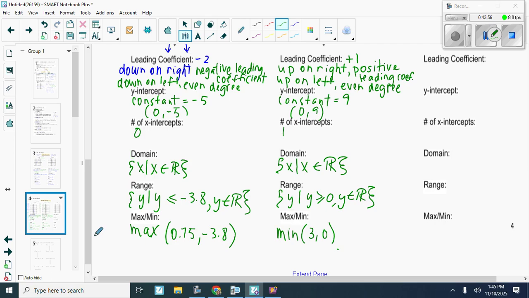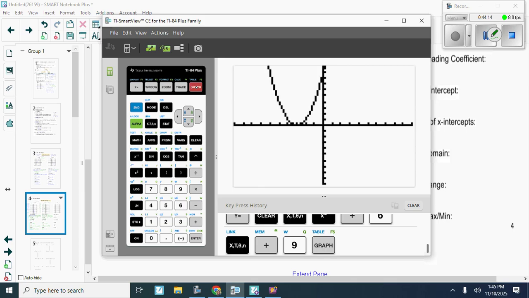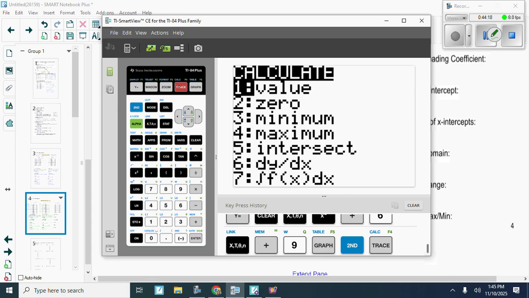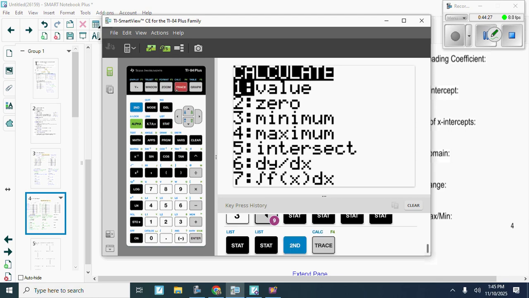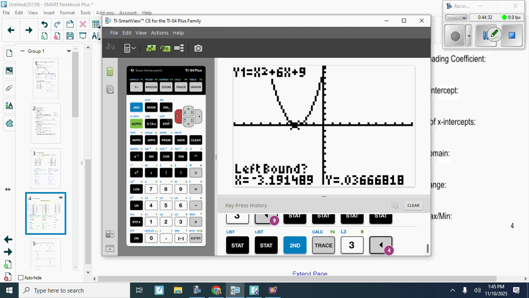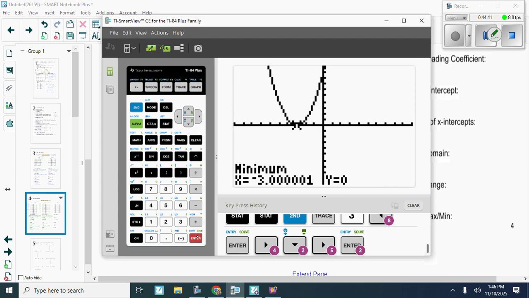Now just a quick note on this one. When I graphed it, and did second trace and minimum, guys, if your calculator gives you some decimals, maybe for your y value something like 1.3 e to the -12, that's just 0.